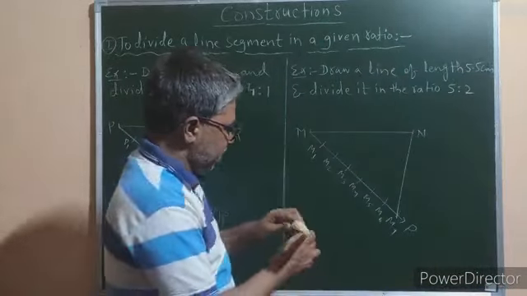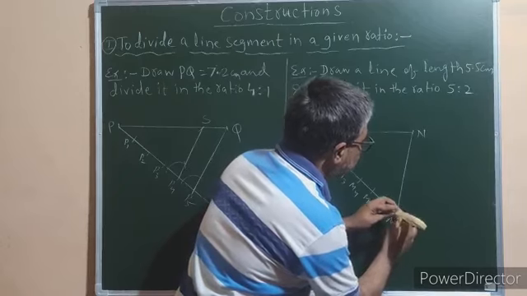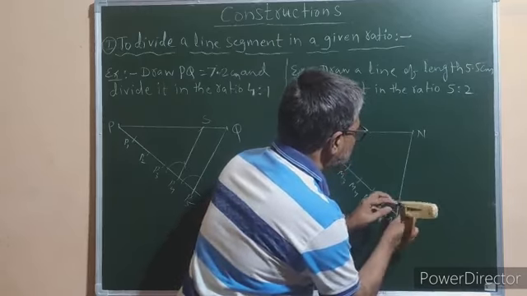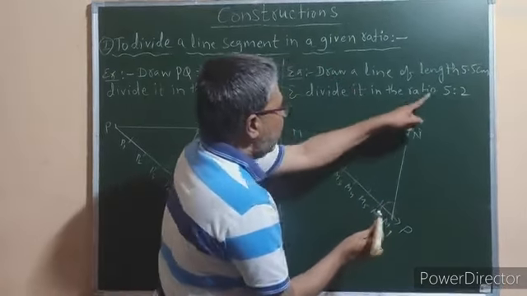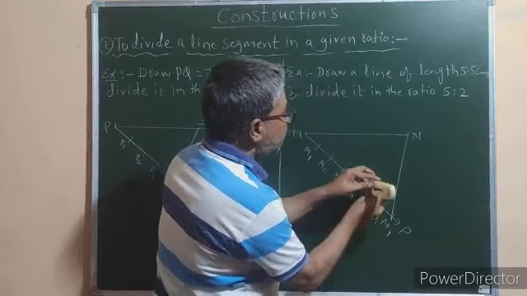So the method you know, by taking suitable distance and assuming M7 as center, you have to draw an arc, and from M5 one more arc.